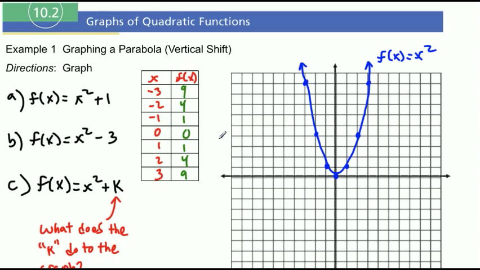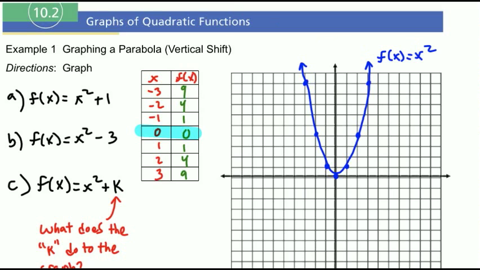Okay. What I want you to notice is, first of all, that this line right here at 0, 0 cuts it in half. So every parabola can be cut in half.